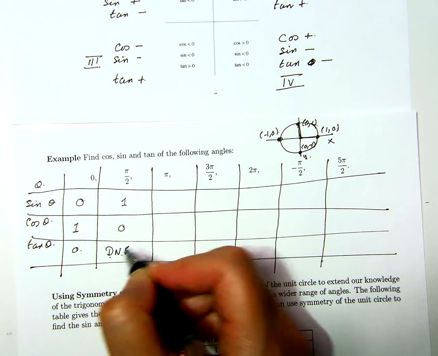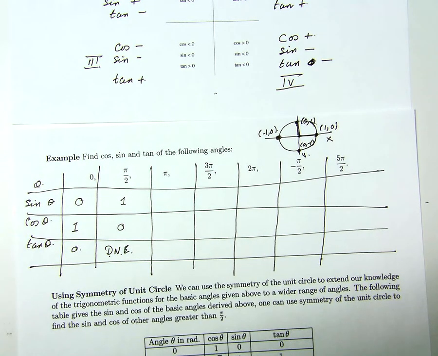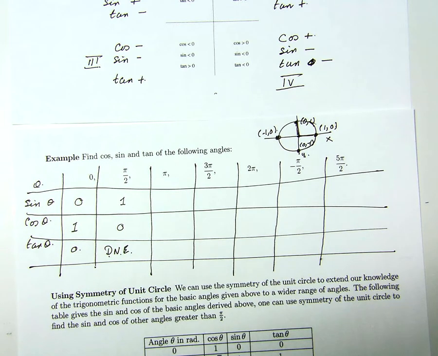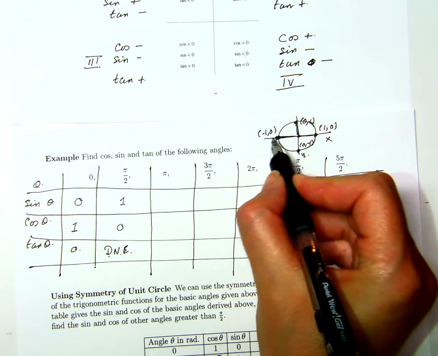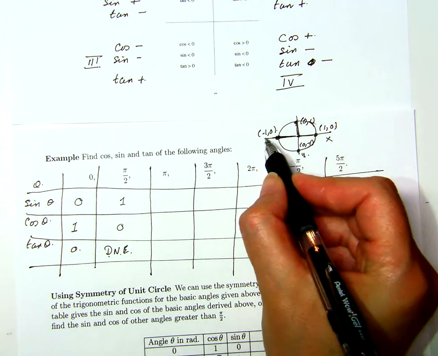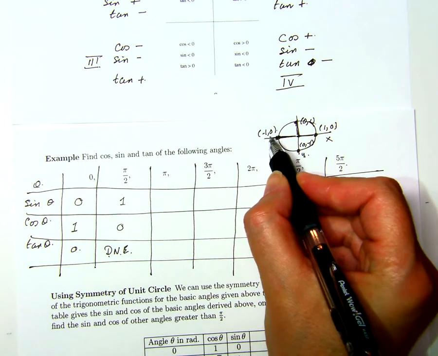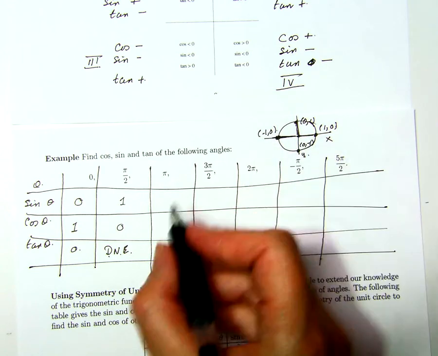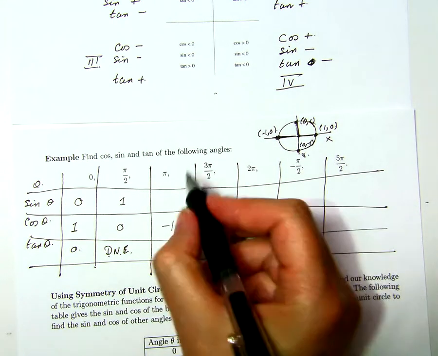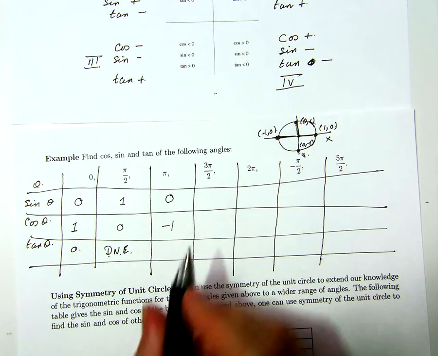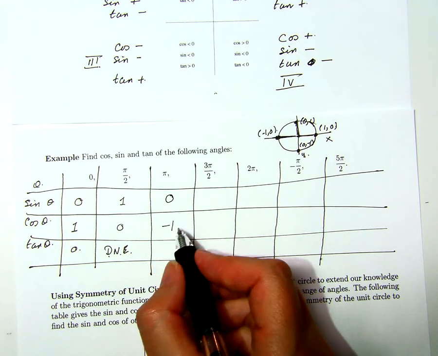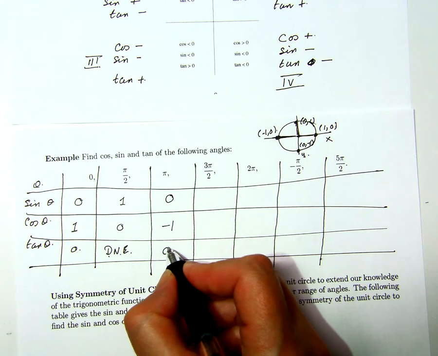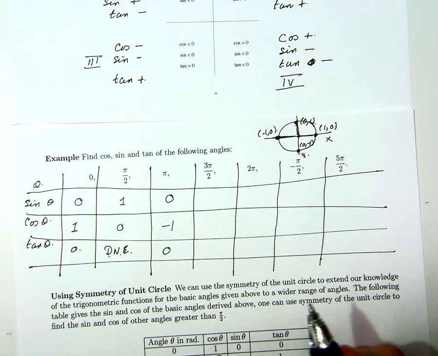So in this case, tangent is not defined. And for the angle pi, its terminal ray is the negative x-axis, which cuts the unit circle at (-1, 0). The first coordinate, -1, is the cosine, 0 is the sine, and the tangent is sine over cosine, which is 0 over -1, which is 0.